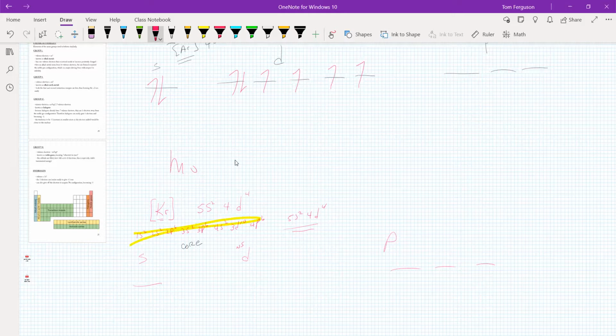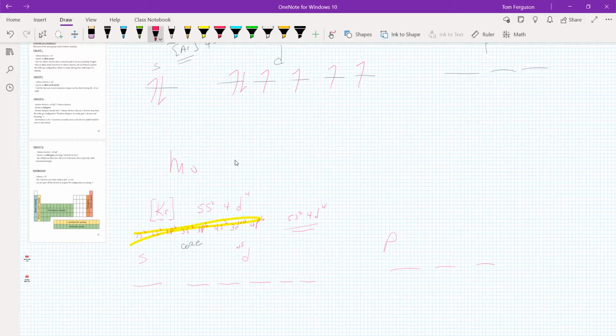I have a quick question. Do you only use the valence for the orbital representation? Yes, because it's a waste of time to do the cores, since they're all filled up and they don't do anything. So 99% of the time, they only look at the valence.